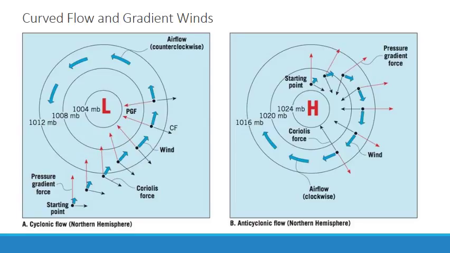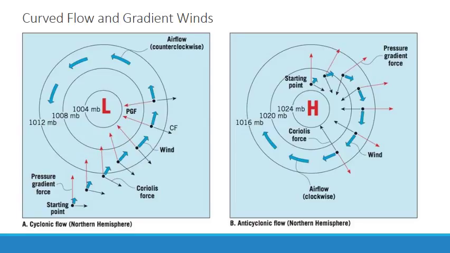The figure on the left shows us that in low pressure centers, inward directed pressure gradient is opposed by the outward directed Coriolis. But to keep the path curved or parallel to the isobars, the inward pull of the pressure gradient force has to be strong enough to balance the Coriolis force, as well as to turn the air inward.